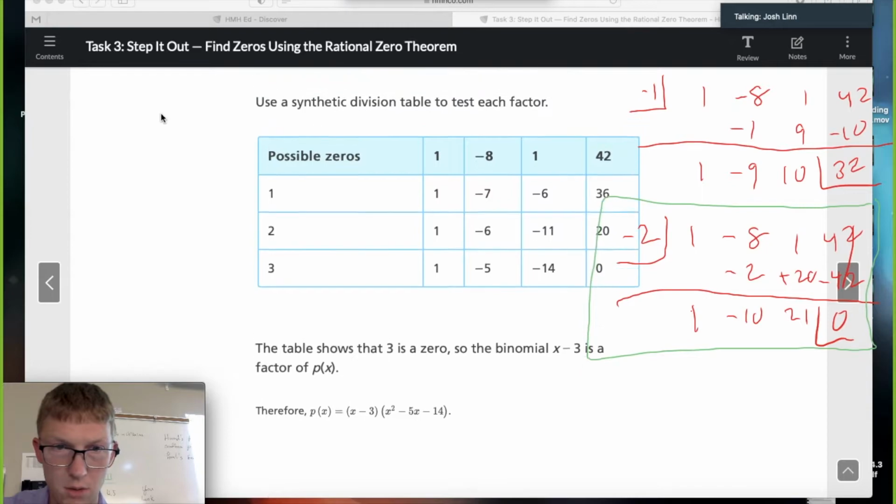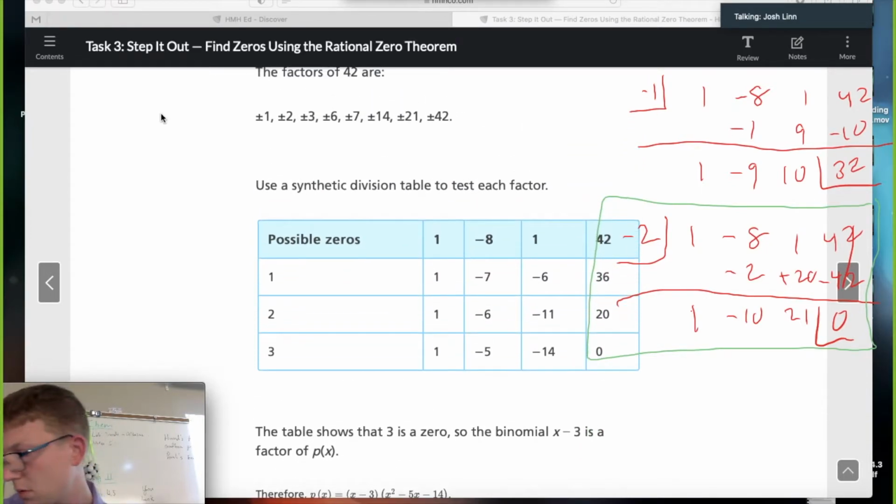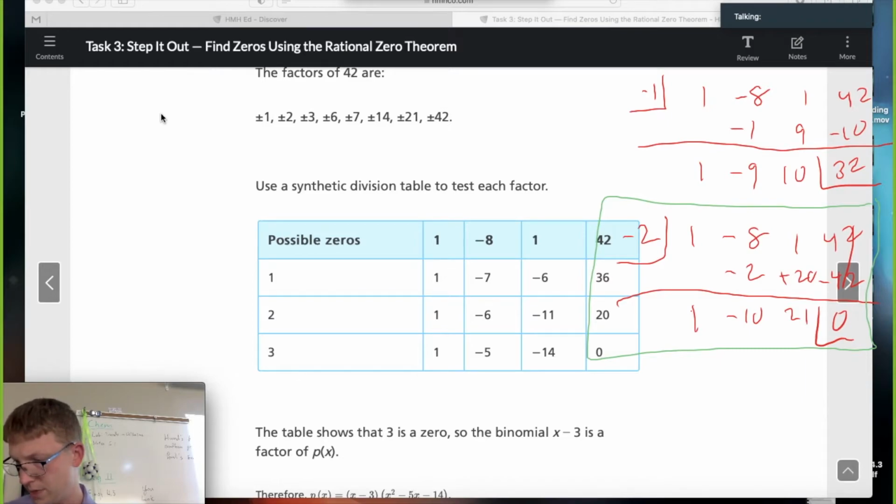So here we go. The table, or my little chicken scratch right here, shows that our negative 2 is a 0, or is a root.